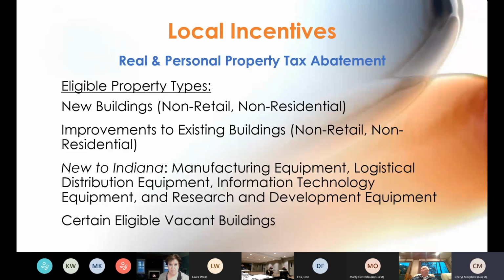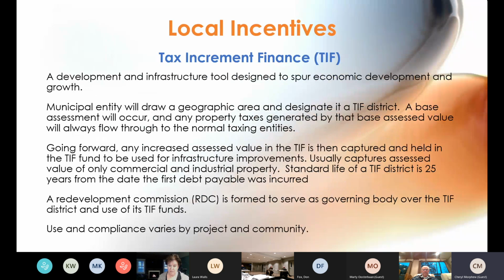Eligible property types, so of course new buildings, improvement to existing buildings like expansions, as long as it's new to Indiana. So that means it could be used equipment that the company is buying. As long as it's new to Indiana, it's eligible. And then vacant buildings can be eligible for real property tax abatement as well.